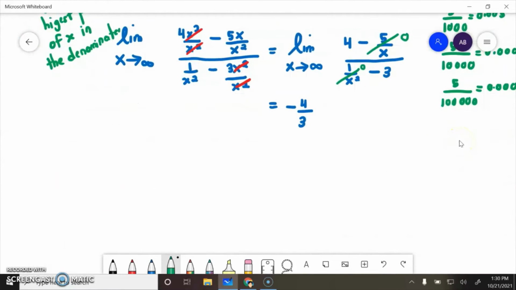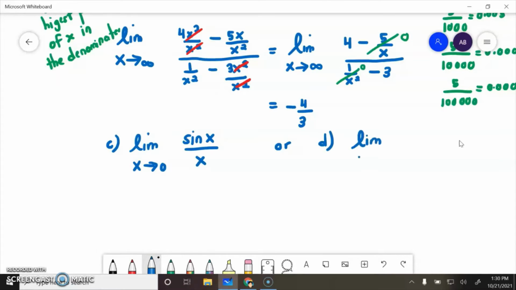Now what about another example here? Limit x approaches 0 of sine x over x, or another one would be limit x approaches infinity of e to the x over x squared.